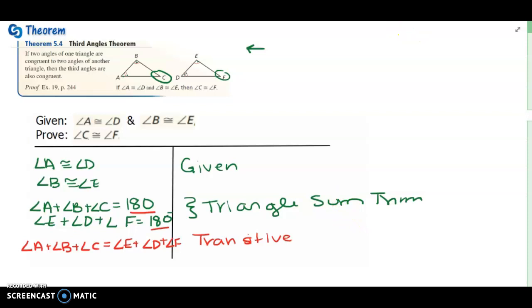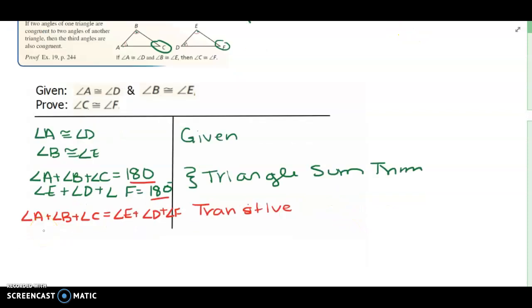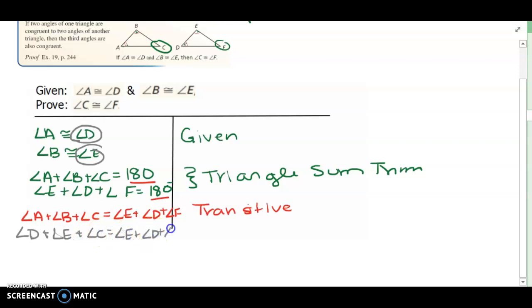All right, from here, I'm going to start substituting. So I'm going to substitute angle D in for angle A, and angle E in for B. Angle D plus angle E plus angle C equals angle E plus angle D plus angle F. That's just substitution. Okay, well notice I have a D and an E on both sides, so I'm going to subtract angle D and angle E from both sides.